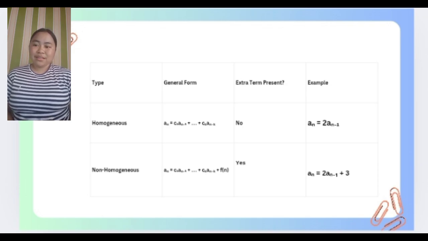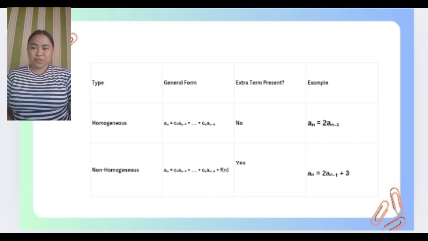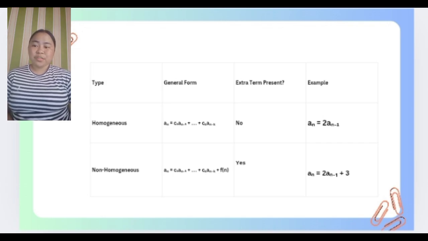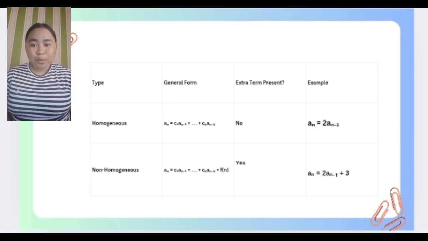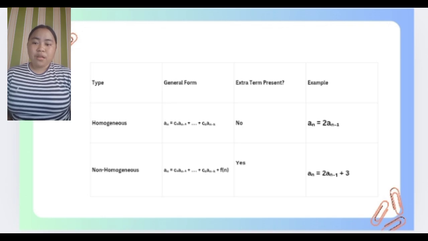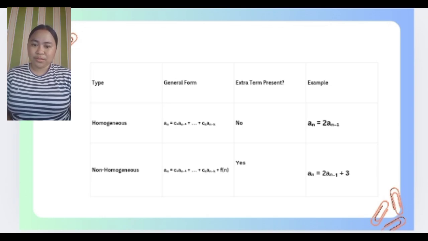This is the general form of homogeneous, and this is the general form of non-homogeneous. Homogeneous has no extra term and non-homogeneous has an extra term. As we can see in the example, homogeneous has no constant or extra term, unlike non-homogeneous, which has a +3 or constant. That's why it is called non-homogeneous.